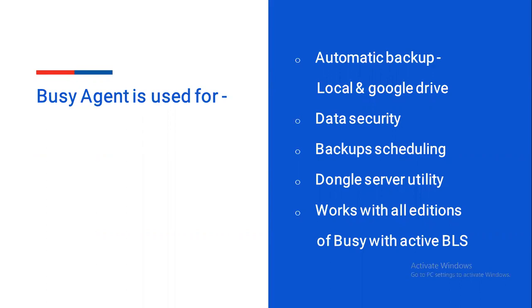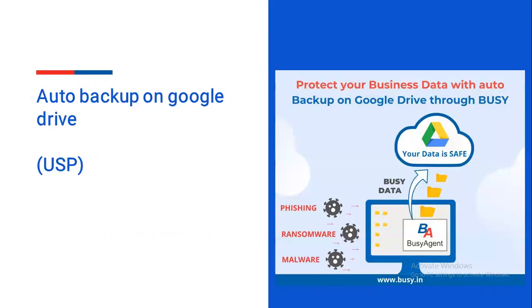Busy BLS is not mandatory for Busy Agent, but if you want to store your data backup in your Google Drive, then BLS is mandatory. If the BLS is expired, then your Google Drive backup will not take place. These are the advantages and uses of Busy Agent. In the next slide, we will see auto backup on Google Drive. This is the unique selling proposition feature.